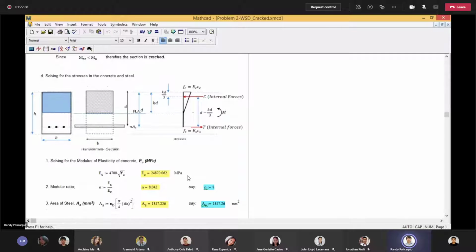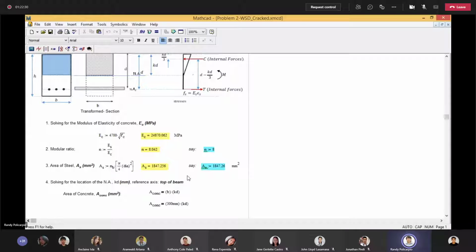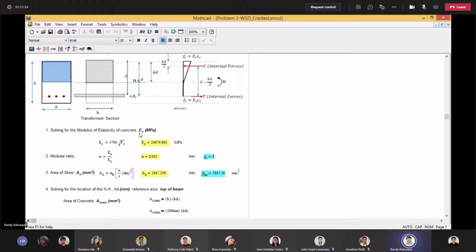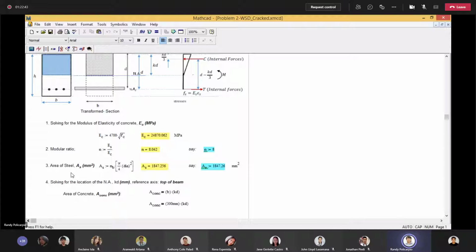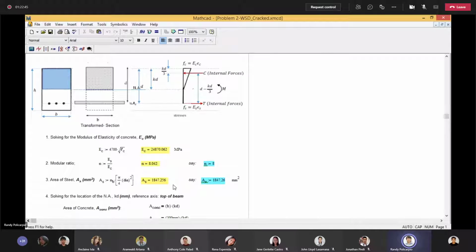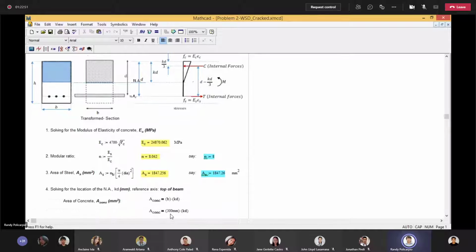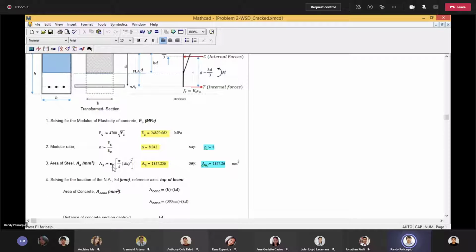So ngayon, para makuha natin yung location ng neutral axis, kagaya nung dati, isosolve natin yung modulus of elasticity ng concrete, modular ratio, area of the steel. This time, it's no longer n minus 1, but rather NAS. Okay, kaya naka-multiply na lang siya ng 8. So, NAS.